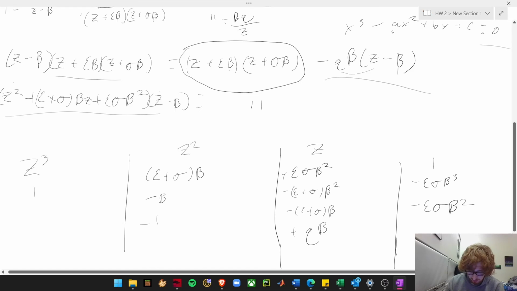And I'll just mark this one too. Better safe than sorry. And then we have a, looks like a positive because these negatives are going to cancel. So we'll have a negative, looks like a q times beta squared.